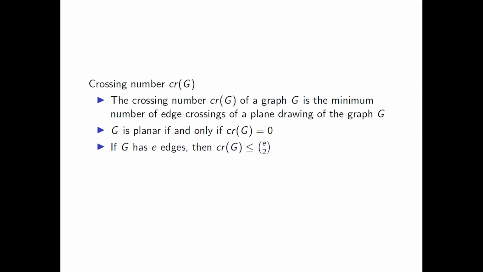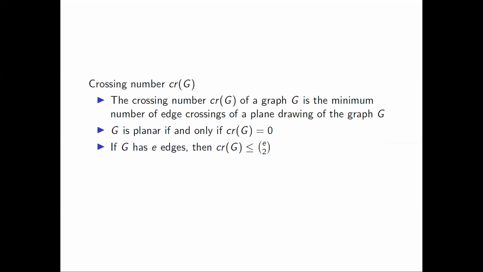And we can also observe a trivial upper bound on the crossing number. So if we have a graph G and G has a total of E edges, I claim then that the crossing number of G is at most E choose 2.